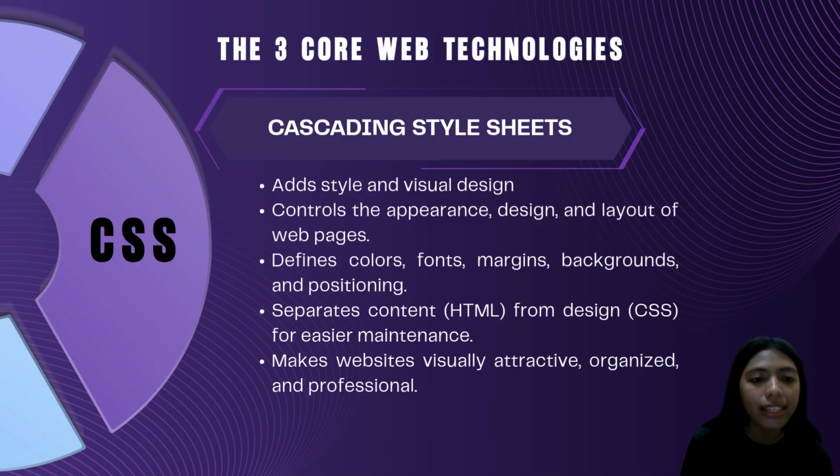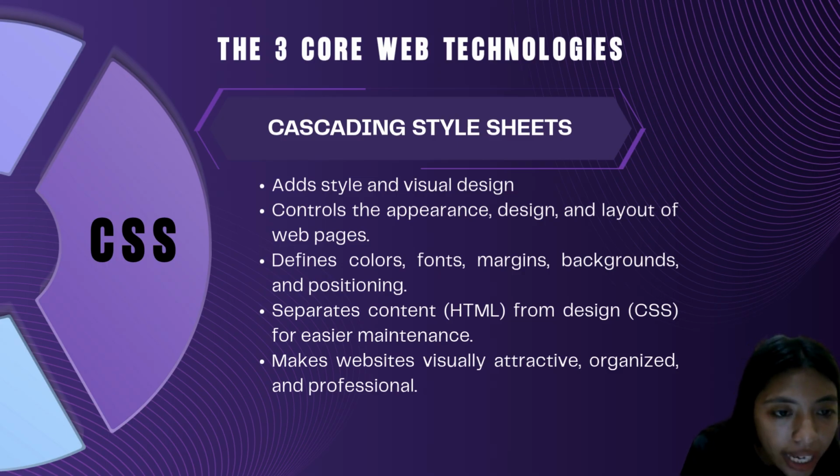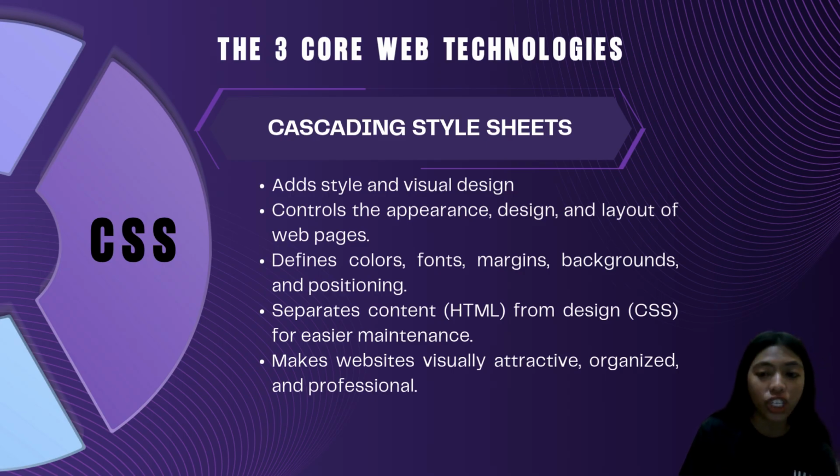Next, it defines colors, fonts, margins, backgrounds, and positioning. Next, it separates content, HTML, from design, CSS, for easier maintenance. Last bullet, it makes websites visually attractive, organized, and professional.